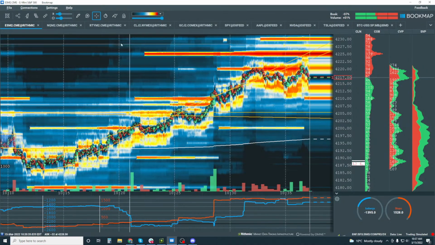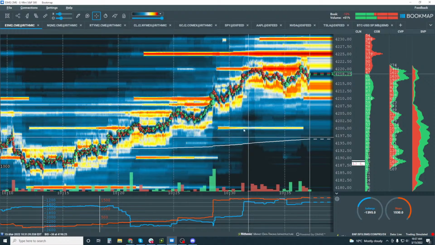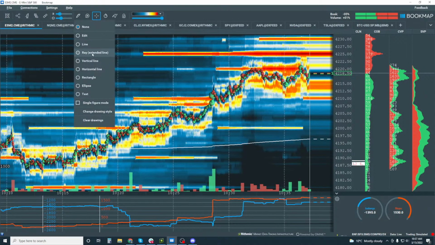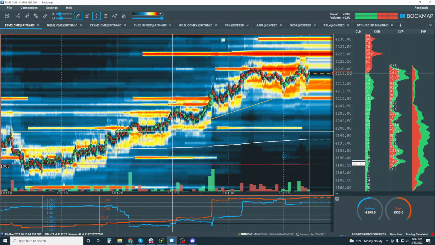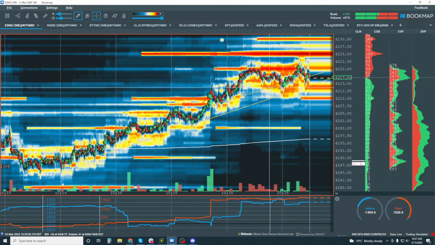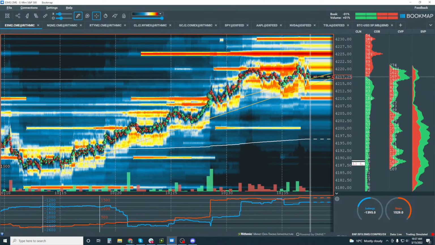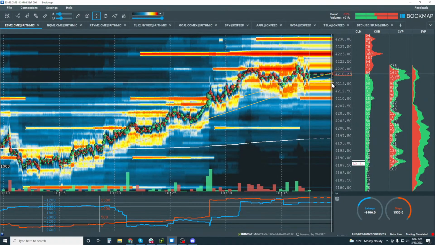All right, so let's get rid of our lines, and then let's take a look at something in here. Even in here, it looks like they're going to try to break it, to be honest, to the downside. We'll see.